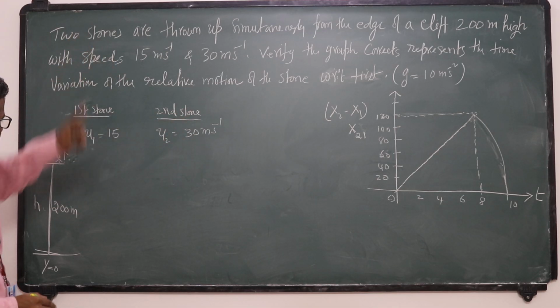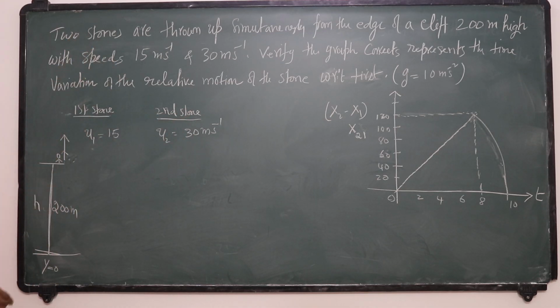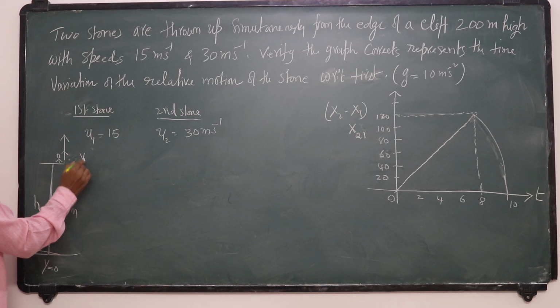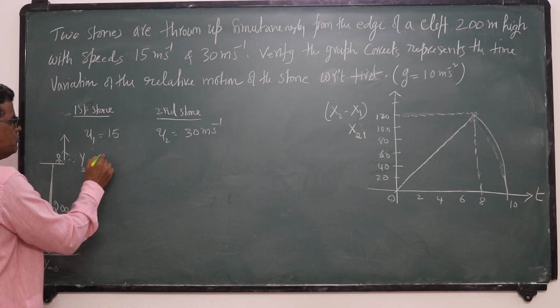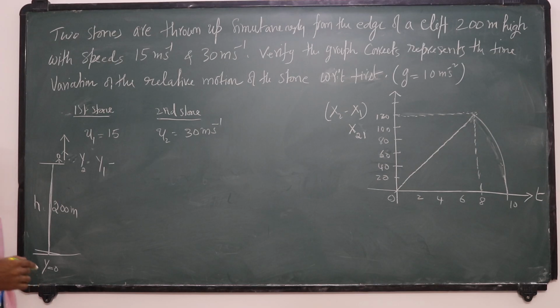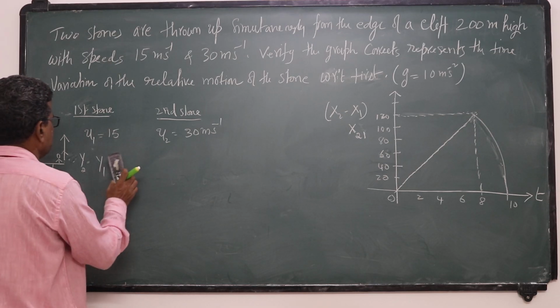Accelerations are the same because they are projected vertically up. So the position of this one, y2, we can write as y1 plus or minus; otherwise you can use the height of the tower formula. I am using this height of the tower formula.